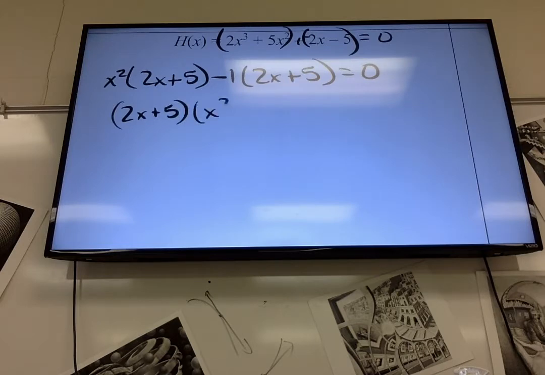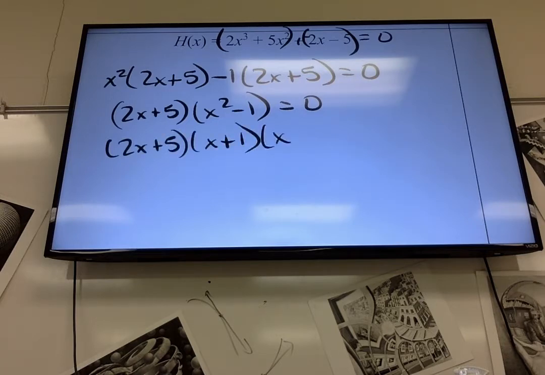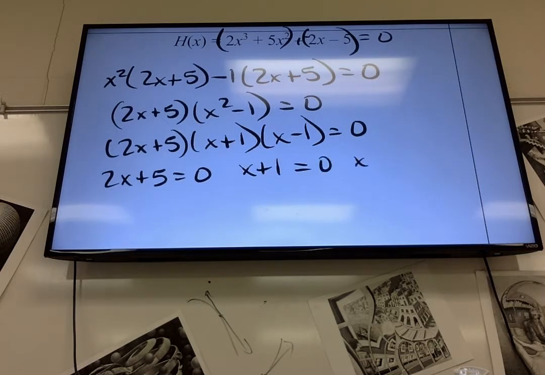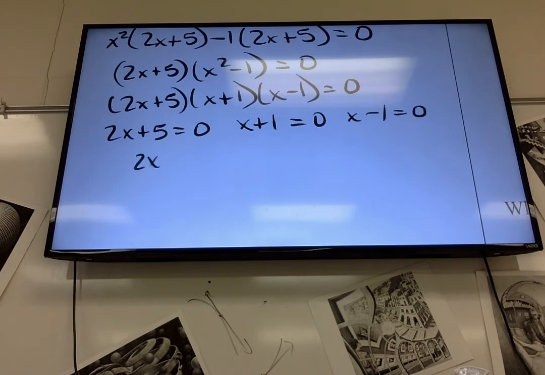And then we have x squared minus 1, which is a difference of 2 squares. So x plus 1, x minus 1. And then we set each one equal to 0. Subtract 5, divide by 2.